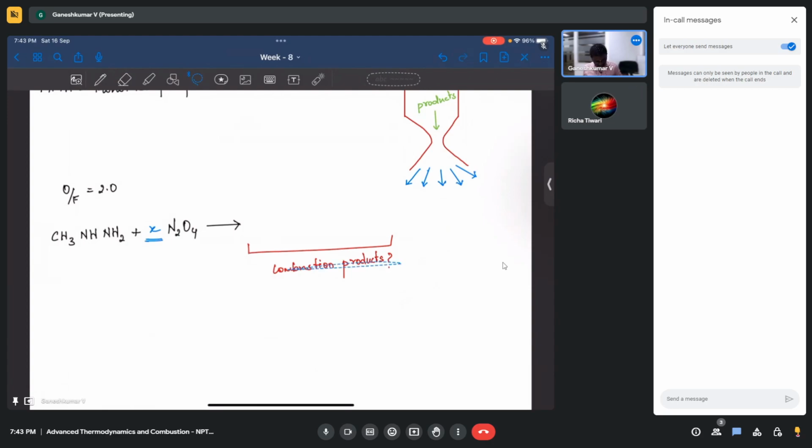What do you think? Here we have carbon, hydrocarbons, in addition nitrogen and oxygen. What combustion products would you expect?